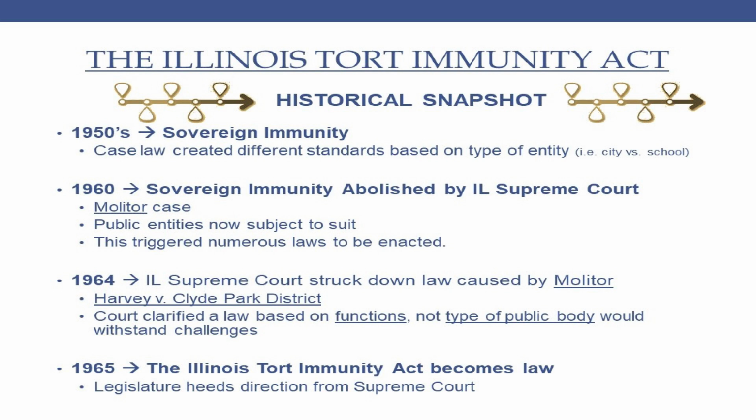However, our Supreme Court gave a clue as to what the legislature could do next. In its 1964 opinion of Harvey v. Clyde Park District, the court said a law could be passed if it was based on functions rather than being based on the type of public body involved. So heeding that suggestion, the following year, in 1965, the Tort Immunity Act was born into our Illinois body of law. So how does it impact you, your board, and your college?